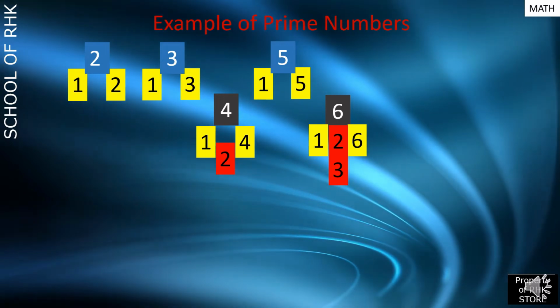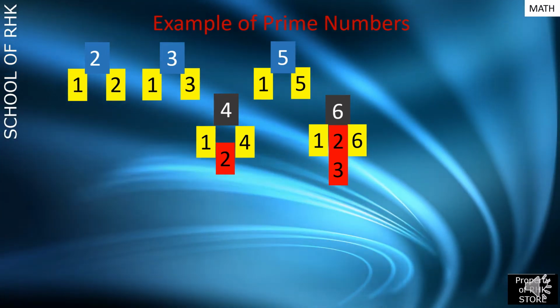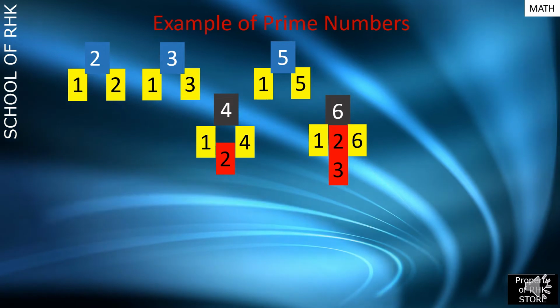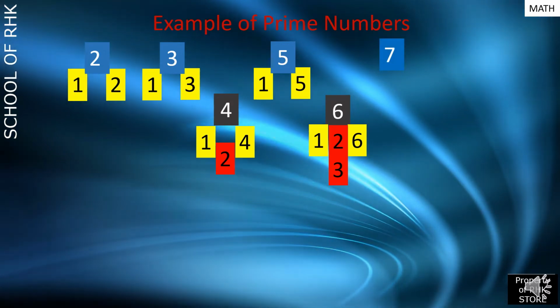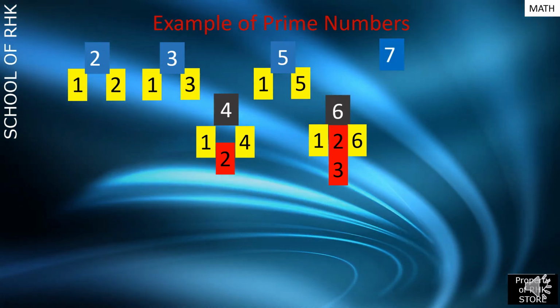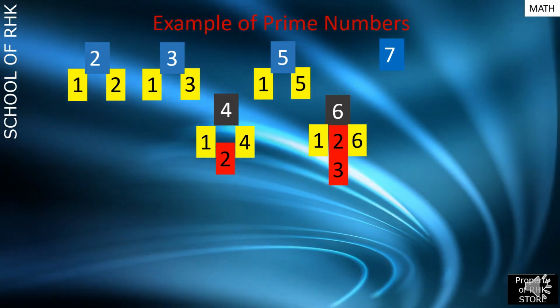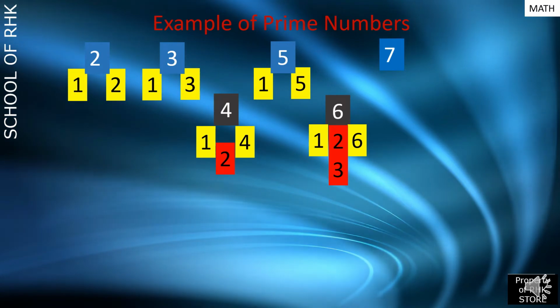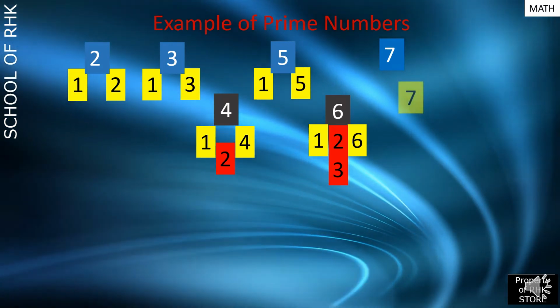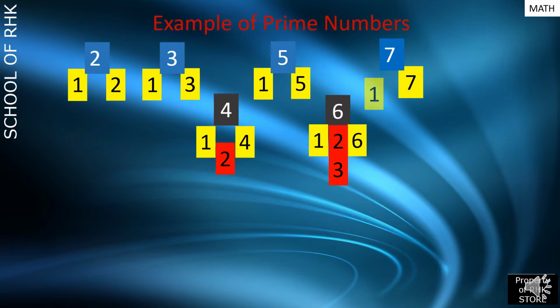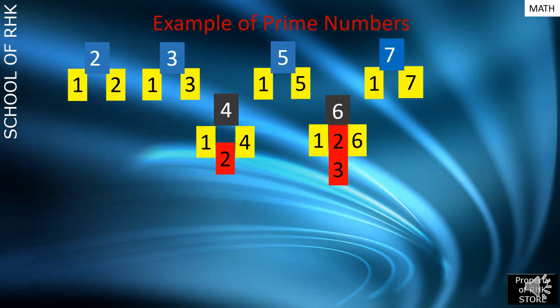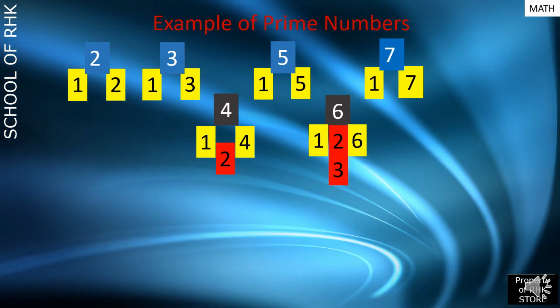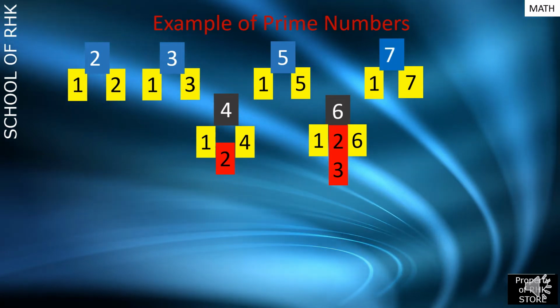So 6 is not a prime number. The next number is 7. This is a positive integer. If 7 is divided by any integer other than its own, that is 7 and 1, then the division will end up with a remainder. So 7 is also a prime number.